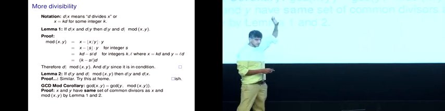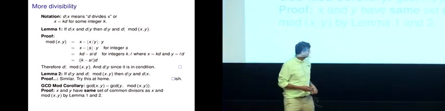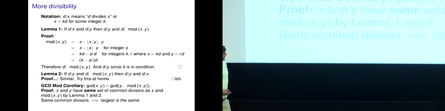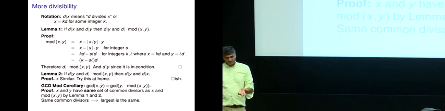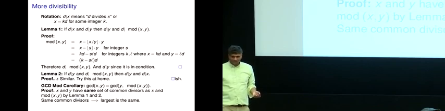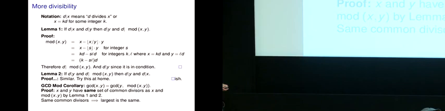And it's really exactly the same proof. The proof goes in the reverse order. So if I have numbers 1, 3, 5 here and numbers 1, 3, 5 here, they're the same set. The largest in both sets is going to be the same. Okay, so that's what the theorem says.